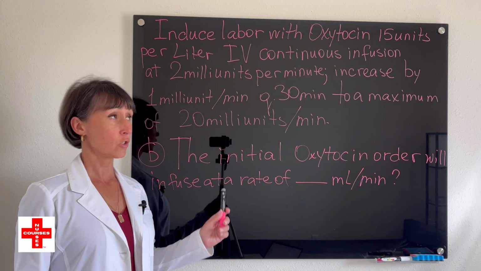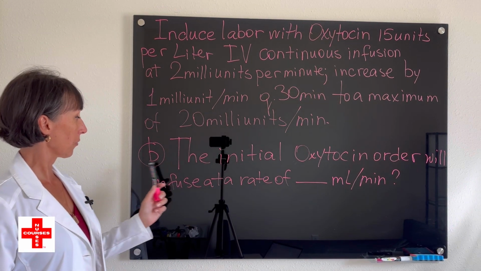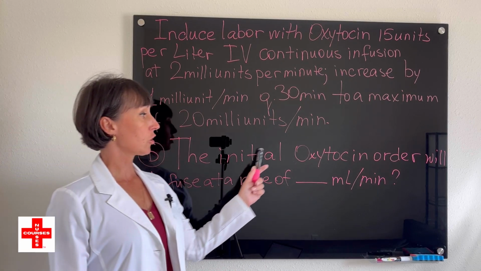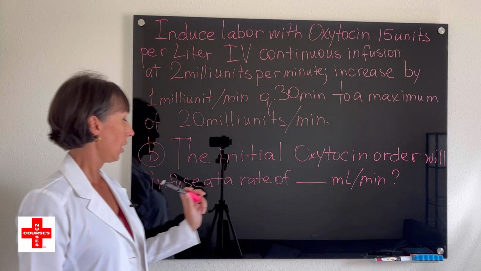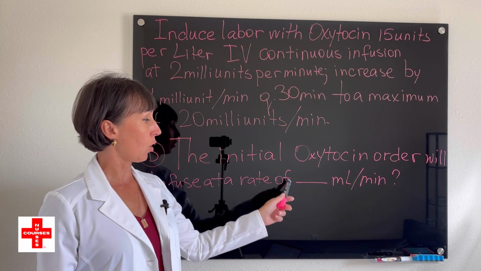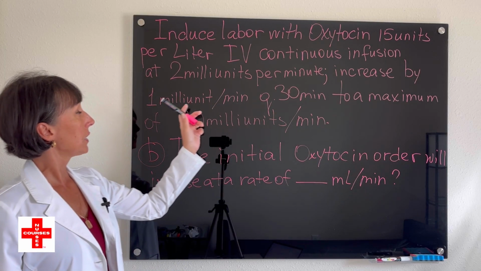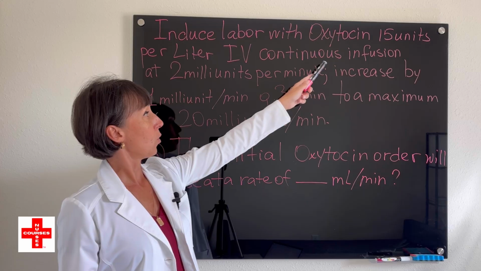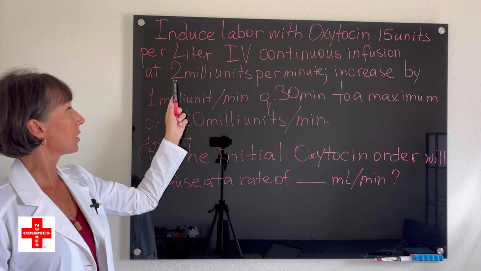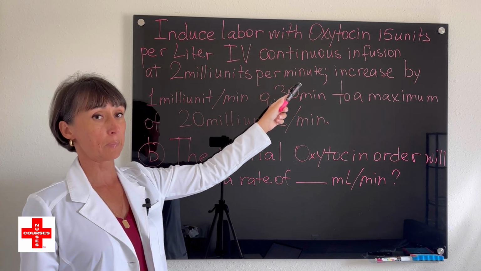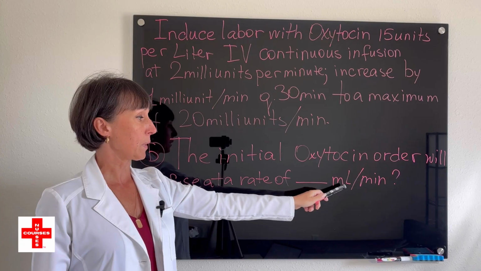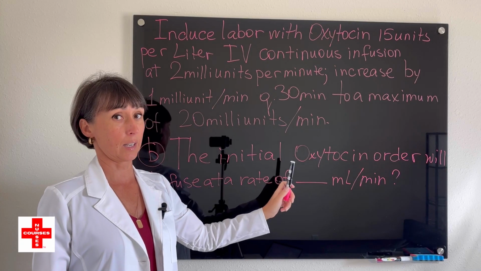The next question for the same problem, question B: the initial oxytocin order will infuse at the rate of how many milliliters per minute? We see that our initial order, continuous infusion, is 2 milliunits per minute. We need to find how many milliliters per minute that is.